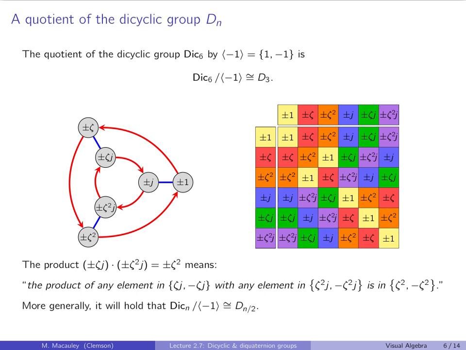More generally, it will hold that the quotient of the dicyclic group by the subgroup generated by -1 is a dihedral group of half the size. So that is D_{n/2}. I don't have a way to prove it now, but we will understand it better when we study homomorphisms and when we see the subgroup lattices of these groups.